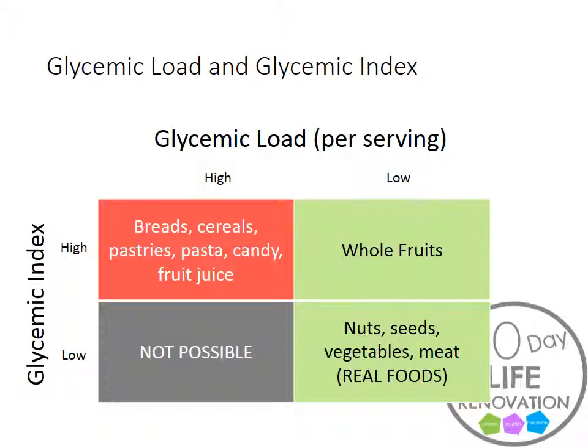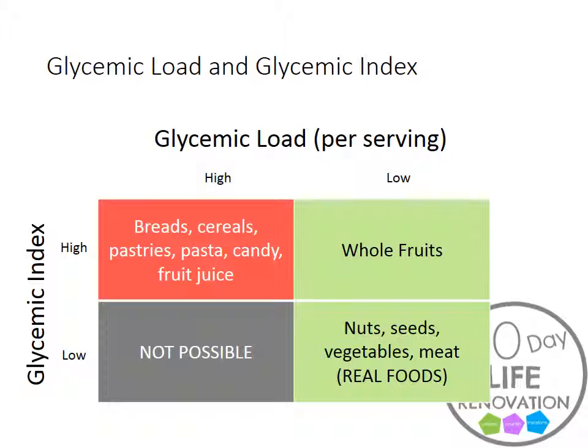It's not possible to have a low glycemic index and a high glycemic load just because of the way that the glycemic load is calculated, because it's based on the glycemic index. So if we have a low glycemic index, we typically have a low glycemic load as well.